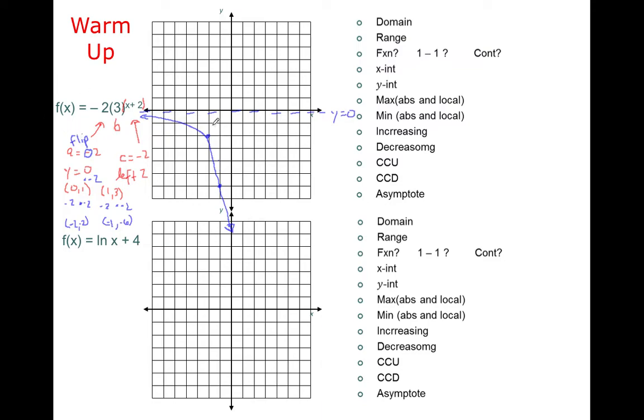Label the points. And label the horizontal asymptote. You don't have to label the new y-intercept on these. You only have to label these two, where the point 0, 1 went and where the point 1, 3 went.